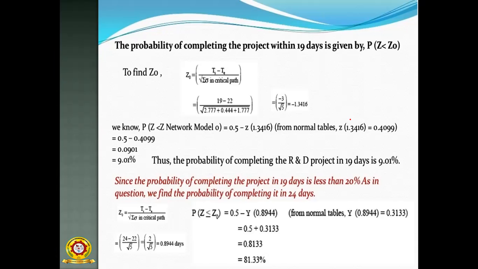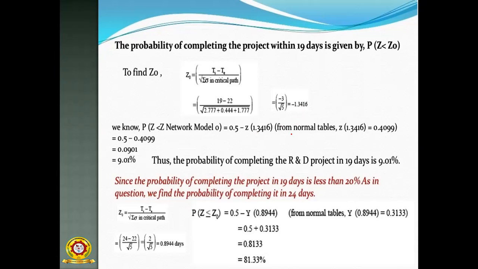So 3 by 2.23 is 1.3416. So the value is 1.3416.